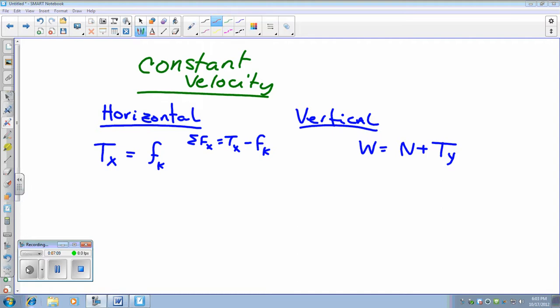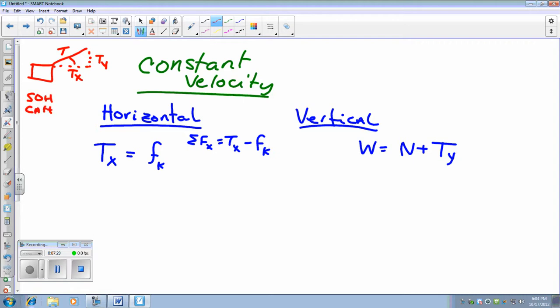We know that in this situation, we have the block getting pulled at this angle. So if I want to find the tension in the x, I want to find the tension in the y, and I am ultimately looking for tension. What I can do is consider the right angle trig. SOH CAH TOA.